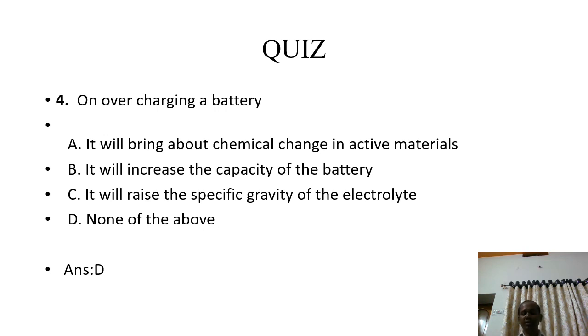Right. So today we are discussing the topic of batteries: EMF of the battery, capacity of the battery, terminal voltage of the battery, ampere hour efficiency of the battery, watt hour efficiency of the battery, and next the quiz related questions we have to learn.